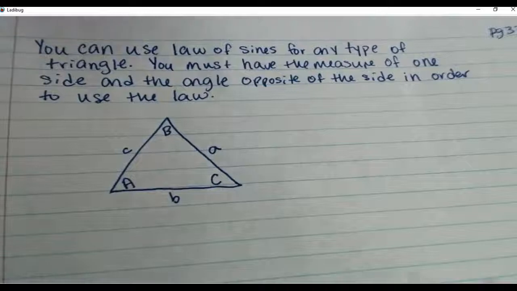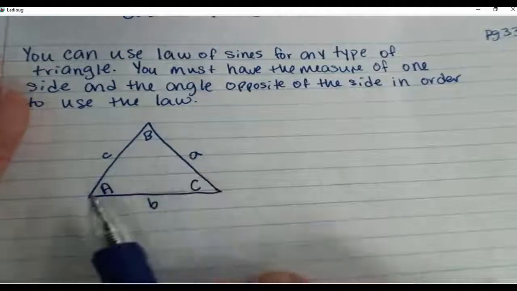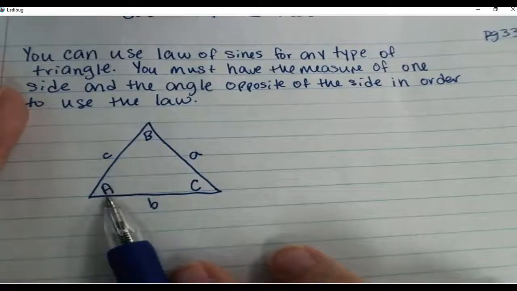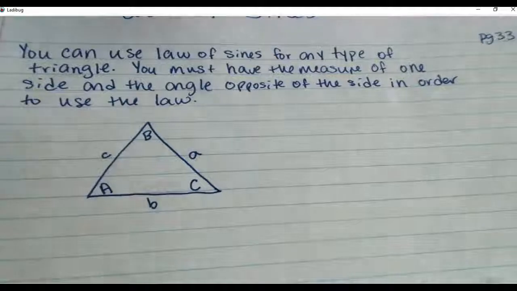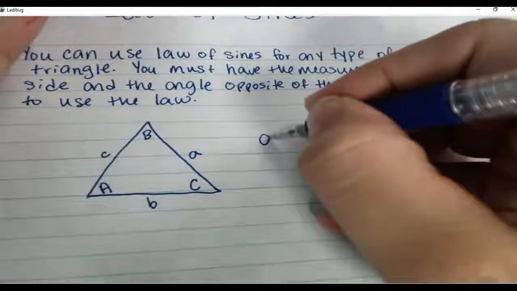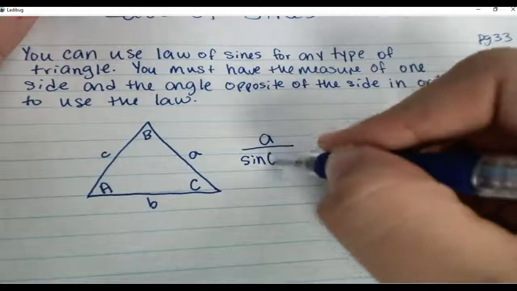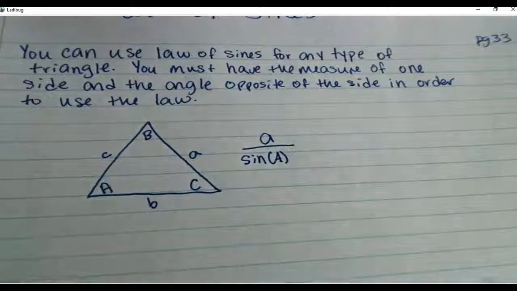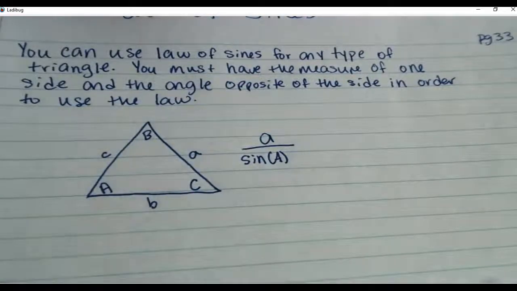Law of sines is based off of the ratio of the side to the sine of the opposite angle. You always put sides on top and angles on the bottom. So it'll look like this: little a divided by sine of big A. It's always sine. You're not having to decide which one to use. That's why it's called law of sines.